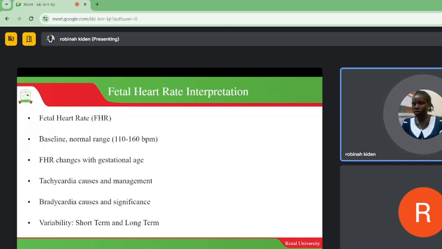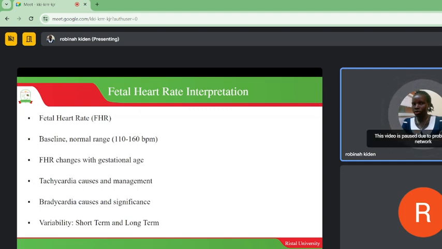So the most important thing is to make sure that the baby is removed as soon as possible. And the only way out here is to take the mother for cesarean section if you are in a hospital setting. But if you're in a health center setting, then you need to prepare for immediate transfer of the mother.